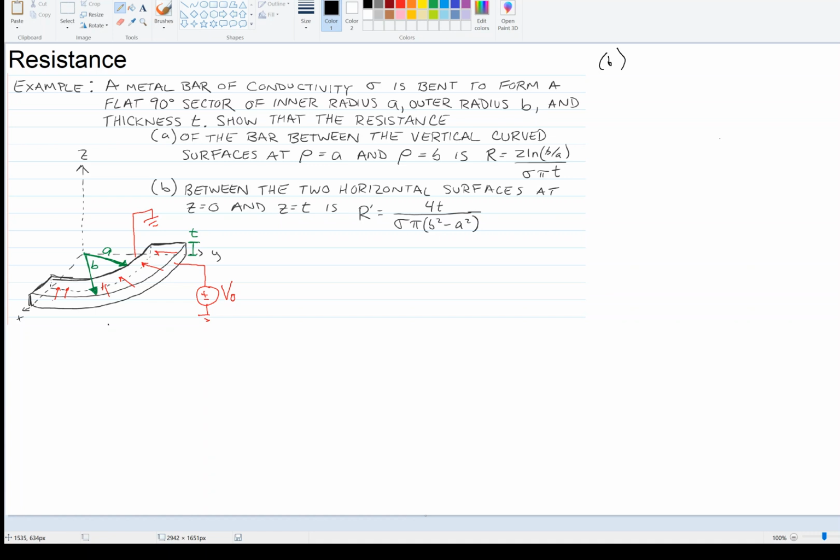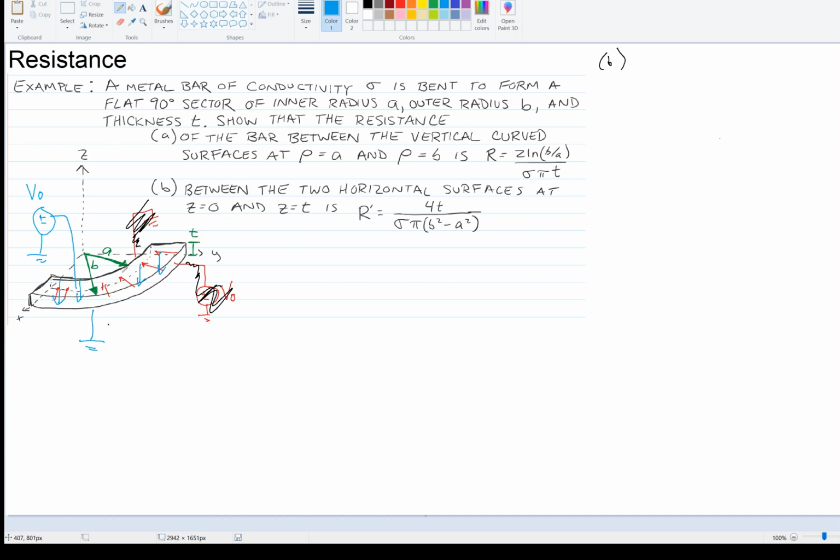So now, I can't erase this, so I'm just going to cross it out. But now I'll show in blue. We're going to ground the bottom, and then on the top, suppose V0 volts. So now the electric field points like this in the z direction.